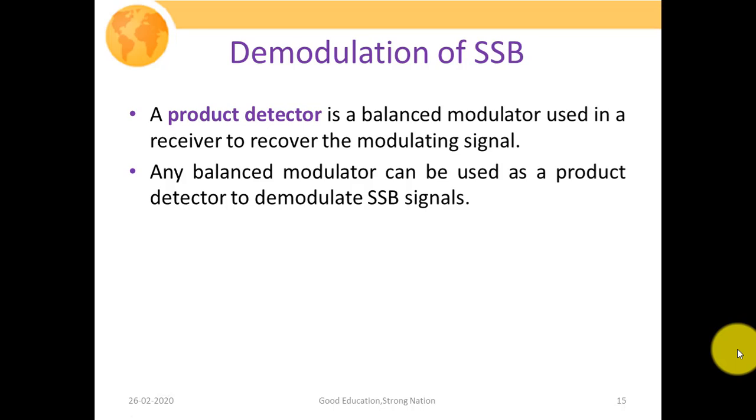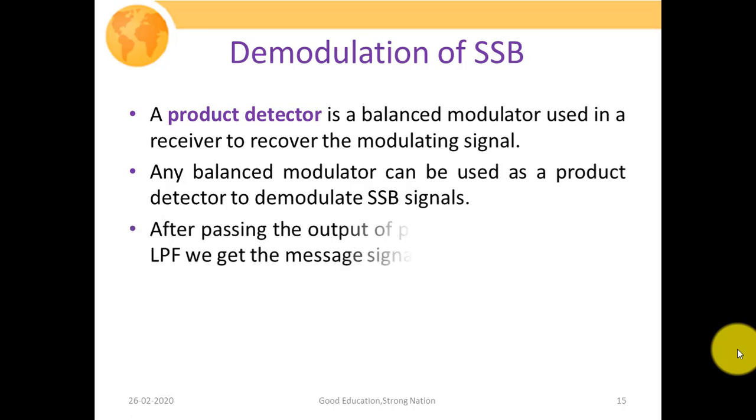We apply our modulated signal S(t) with the same carrier signal that was used at the transmitting side, and after passing through the low pass filter, we get the message signal m(t) back. This is what I have explained.